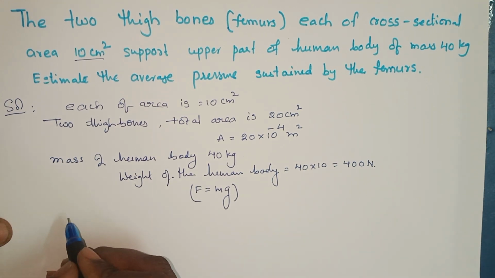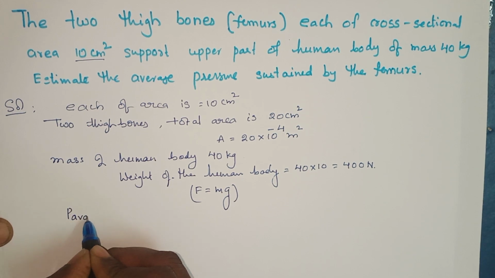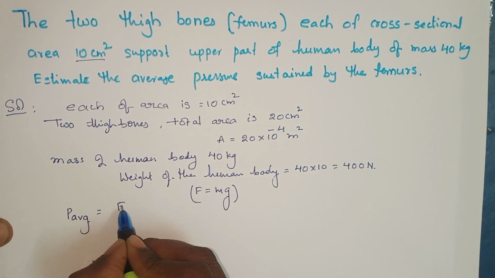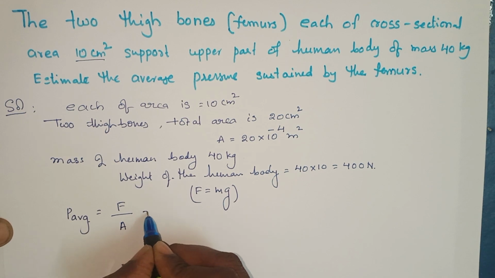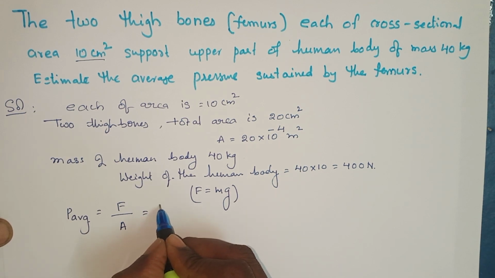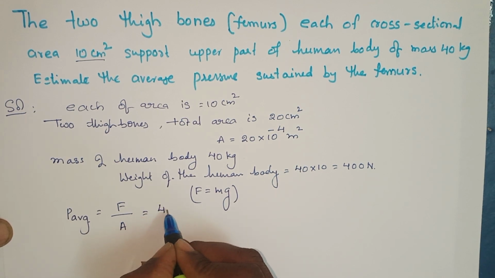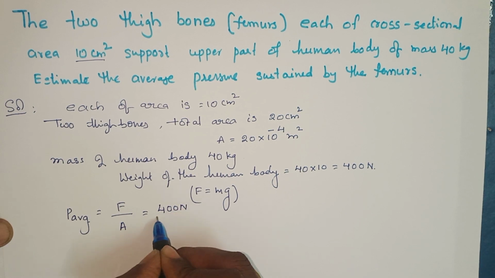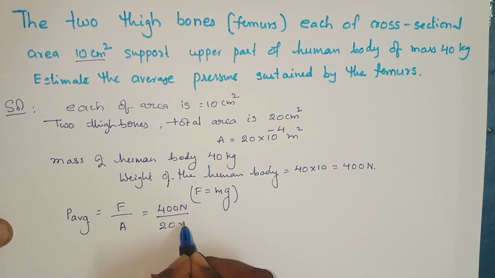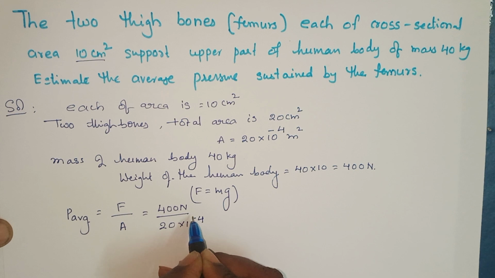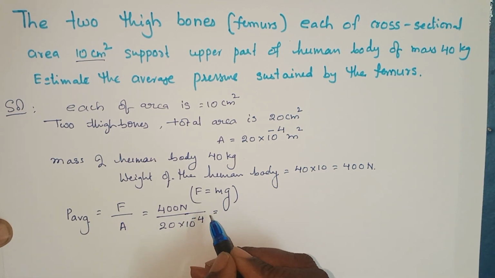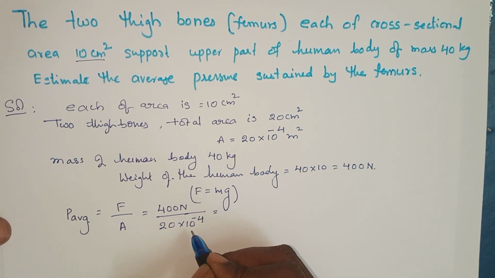Now the average pressure is force per area. Force is 400 newtons. Area is 20 into 10 power minus 4, or 2 into 10 power minus 3.